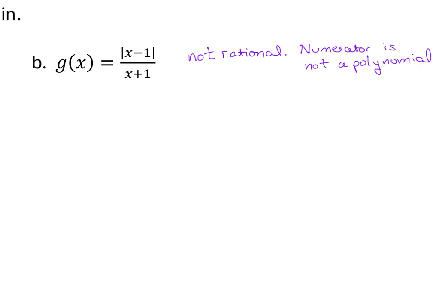All right, the second thing that we want to do is go ahead and determine the domain. So for our domain, we are going to set the denominator equal to 0. And if we solve this, we get x equals 1.